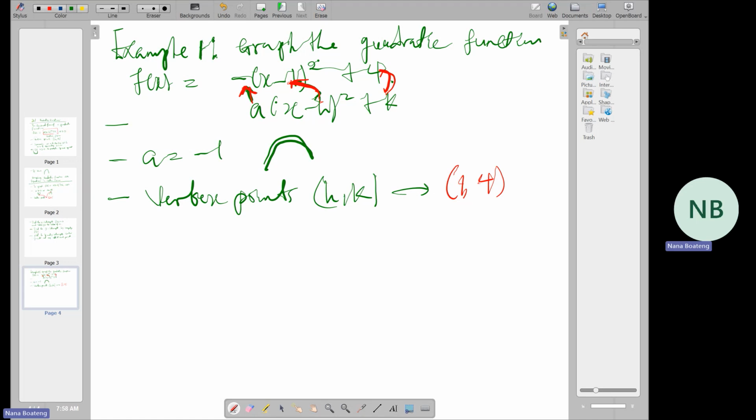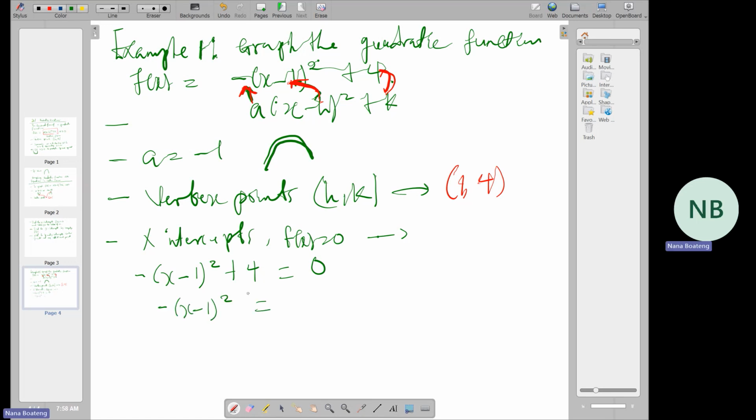All right, the next thing is we find the x-intercepts by setting f of x equal to 0. So we have minus (x minus 1) squared plus 4 is equal to 0. Subtracting 4 from both sides, we get minus (x minus 1) squared equal to negative 4.